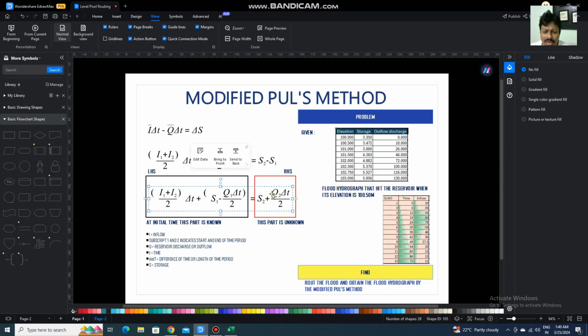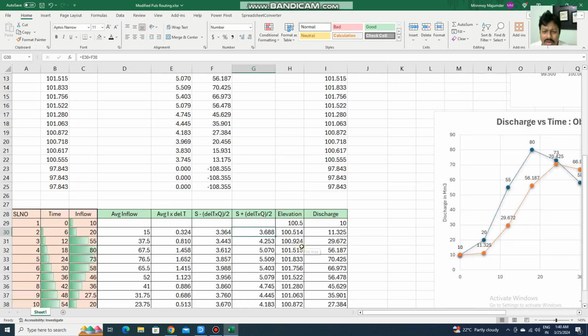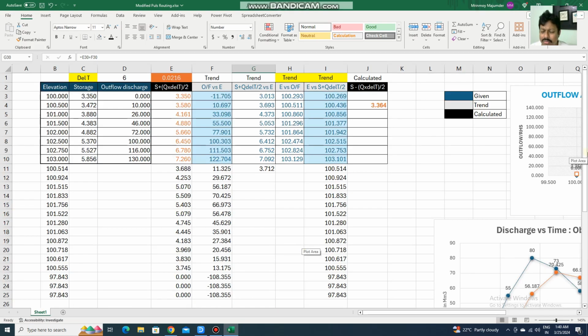So with this, when you find S plus Q del T by 2, you have a curve already drawn for that, and you can use either the trend function or calculate the slope and use the linear regression equation of a straight line, y is equal to mx plus c, to find the y for each x. So y for each x means y for a new x also, right? So we can use this trend function.